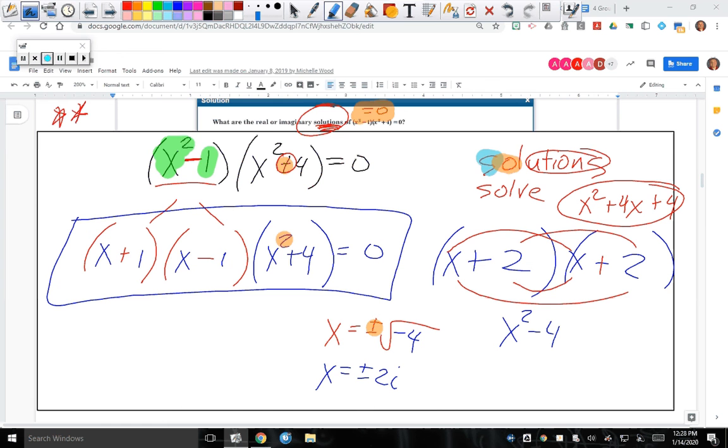You can't factor it, but you can still solve from that spot to get your answers. So factoring, you're done. Solutions, you're not done. So you could do the quadratic formula, or you could just do what I did. What I just did is a lot faster than the quadratic formula, because you're just doing the plus or minus square root of what you have on the right side.